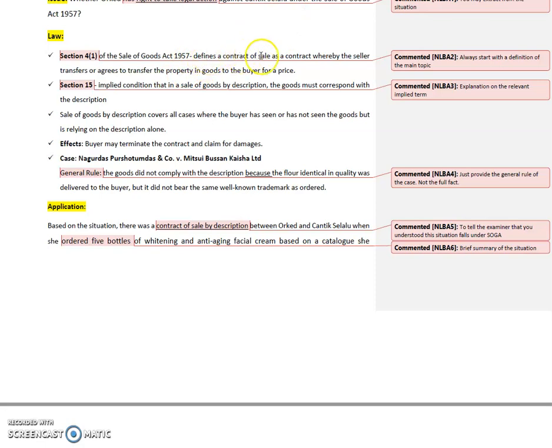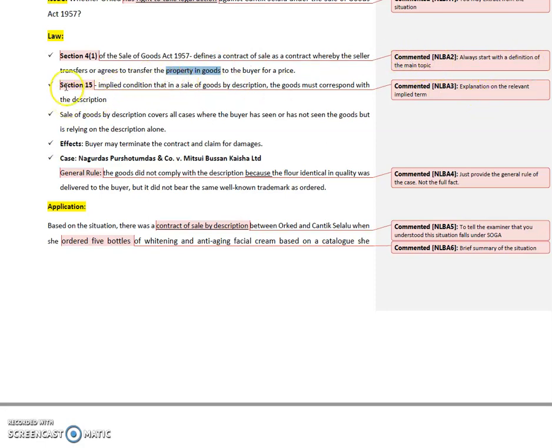It defines a contract of sale as a contract whereby the seller transfers or agrees to transfer the property in goods to the buyer for a price. This is the definition of a sale of goods contract. Property in goods, as I already mentioned in the recorded lectures, refers to ownership. So please start with a definition of the main topic.